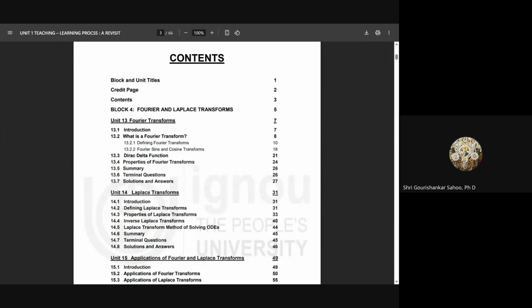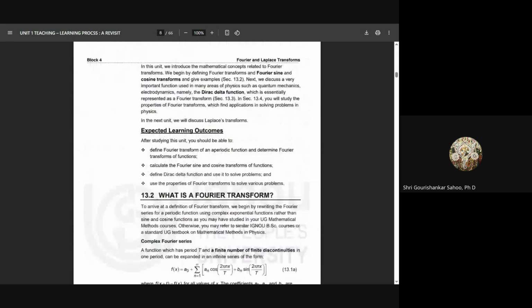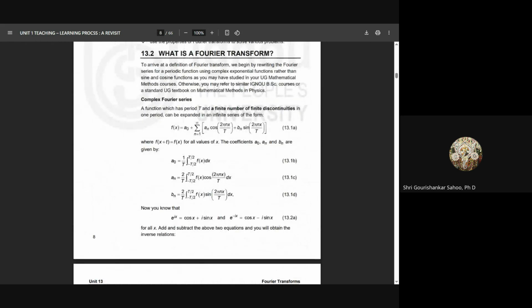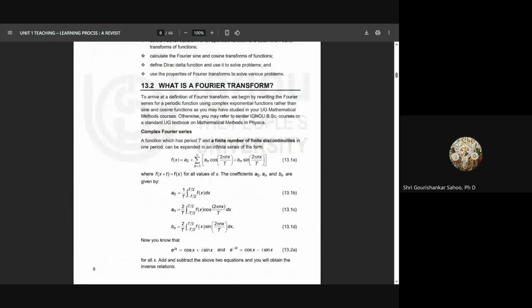So, Fourier transform and Laplace transform are very important in electronic circuits and wave signal processing. So what is a Fourier transform? Before that, let us have a complex Fourier series.